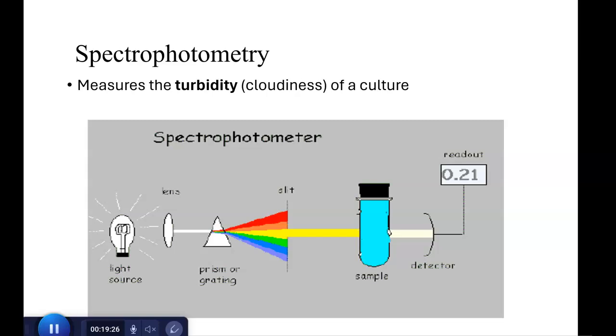The cloudier it was means that there's more growth, and that number on the readout of the spectrophotometer would be higher. So we would take our sample, shine a light through it, and then we would get this number, this readout.